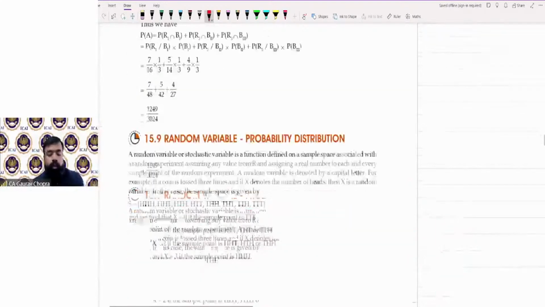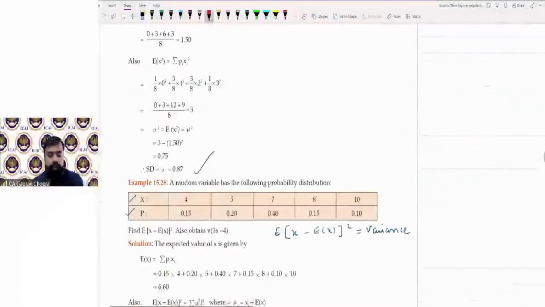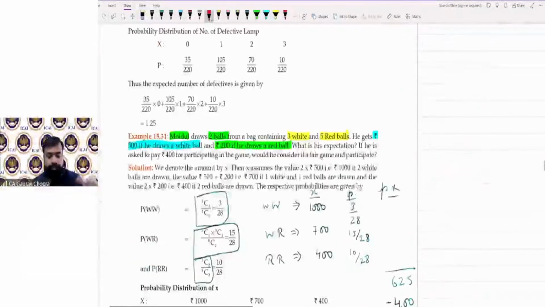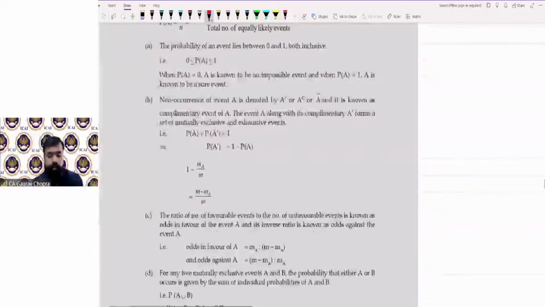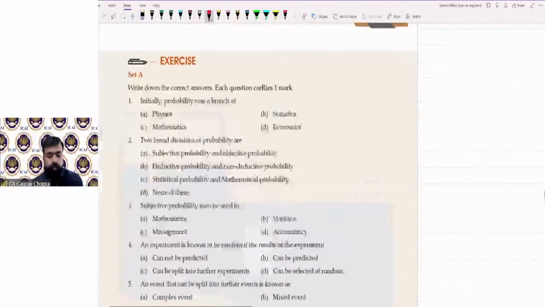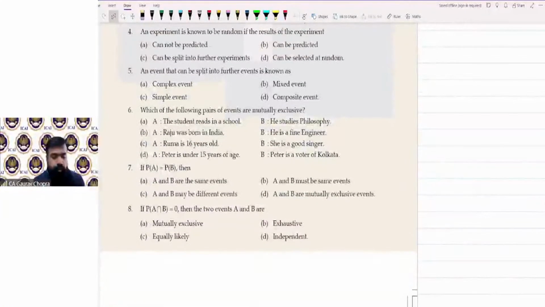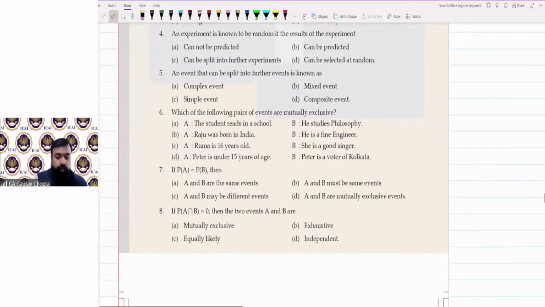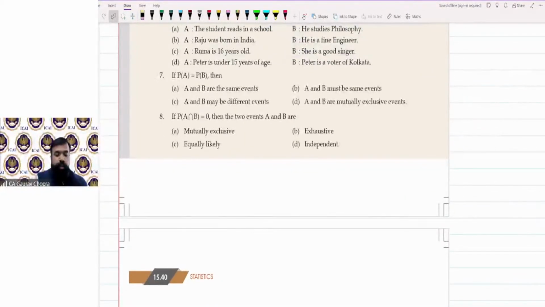Now let's move towards the exercise and select some random questions. Eighth one, question number 8, you can try.